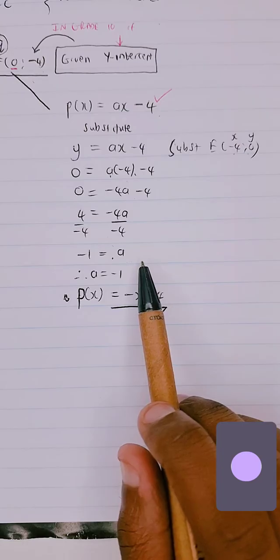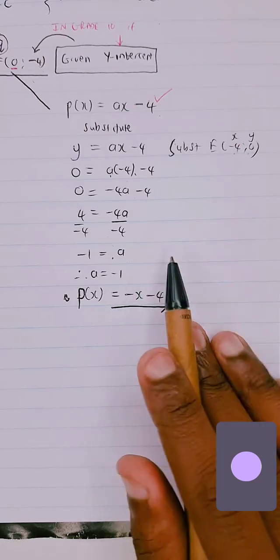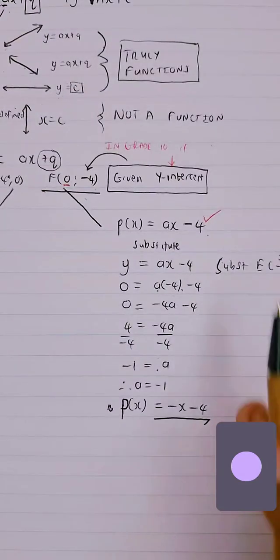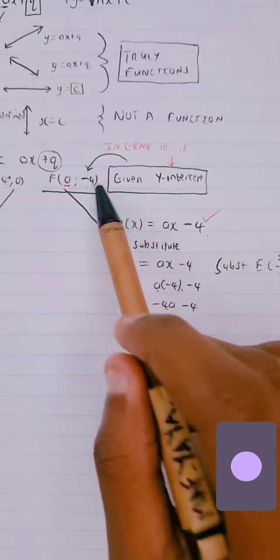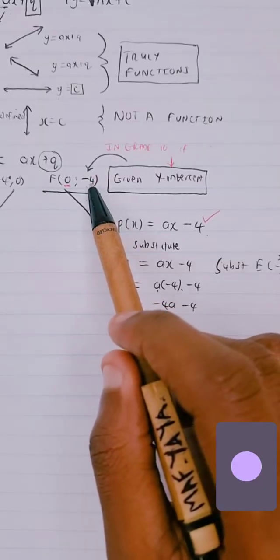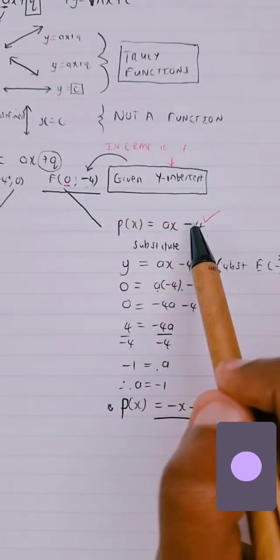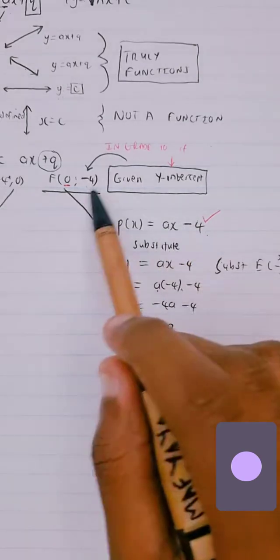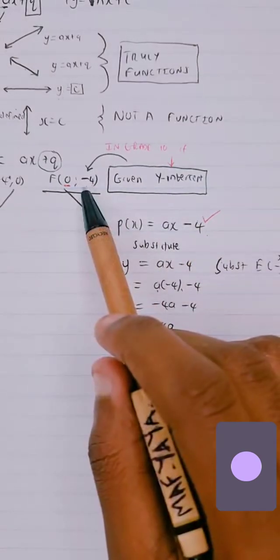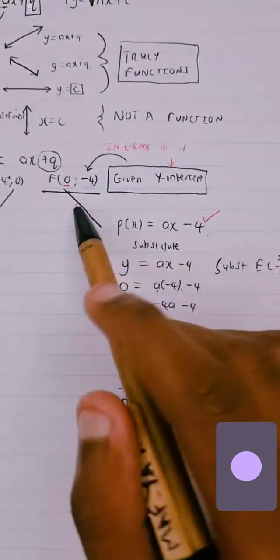Why did we substitute E and not use 0 instead? The reason why we didn't is because 0 and negative 4, remember, we used the y-intercept to basically get our q value, which is from f. So we don't want to be redundant and use the same point.